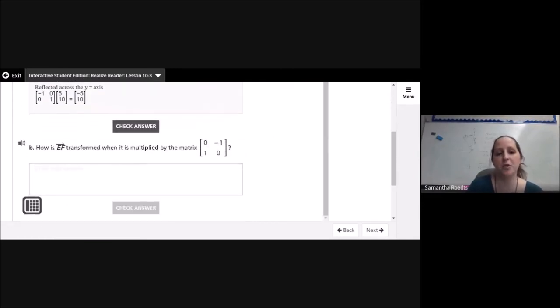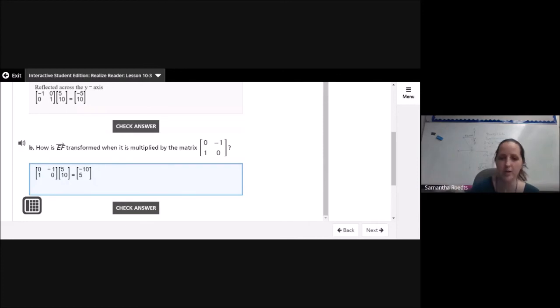How is EF transformed when it is multiplied by the matrix 0, -1, 1, 0? So again, I can go ahead and just multiply this by the vector 5, 10. Okay, so when I do this, I get -10, 5 as my new vector. So what I've done is I've rotated 90 degrees counterclockwise.